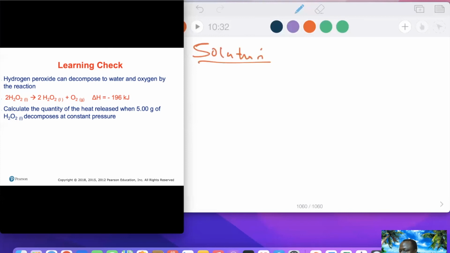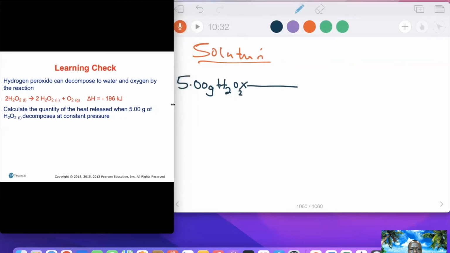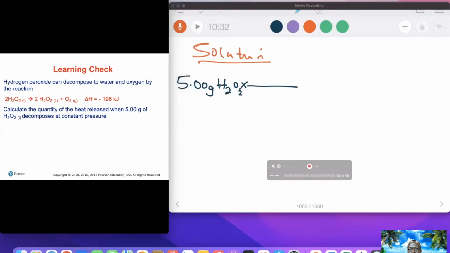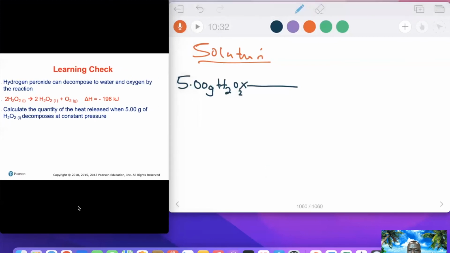So I'm just going to write here, this is the solution. Solution for this is 5.00 grams of hydrogen peroxide, times the molar mass of hydrogen peroxide. Using the periodic table, 34.02 grams per 1 mole of hydrogen peroxide.